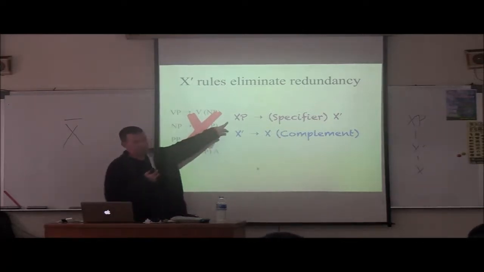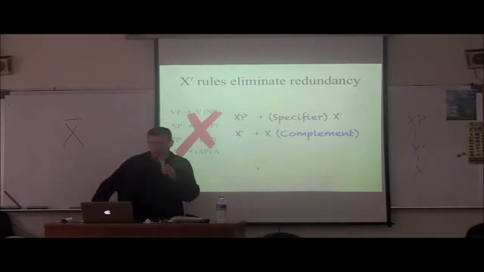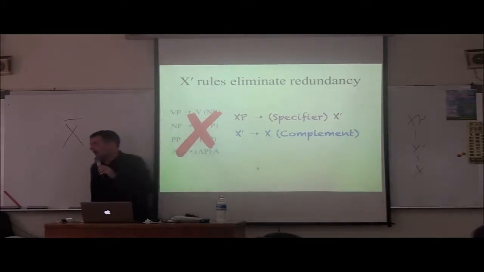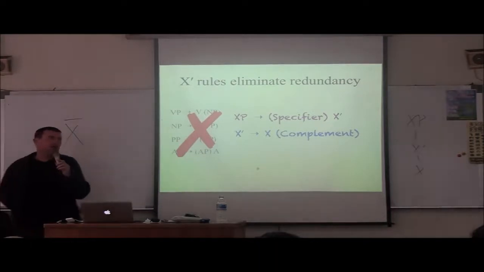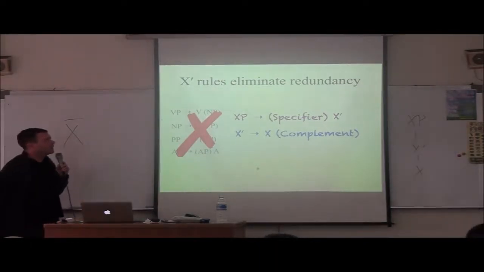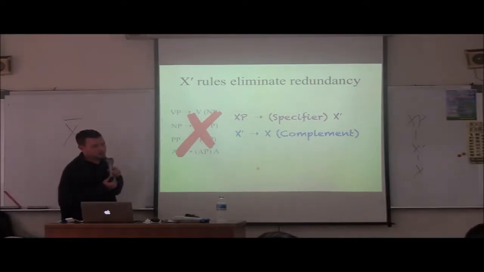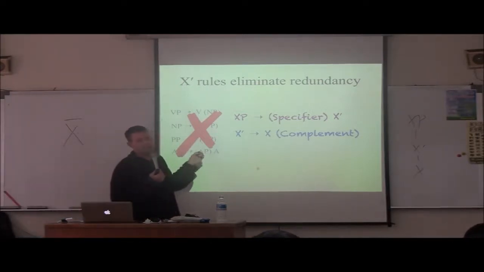This type of complex here, stating that an XP is the mother of an XBAR, and that X is the daughter of an XBAR, allows us to state in the simplest terms possible that every XP will have exactly one X bar.